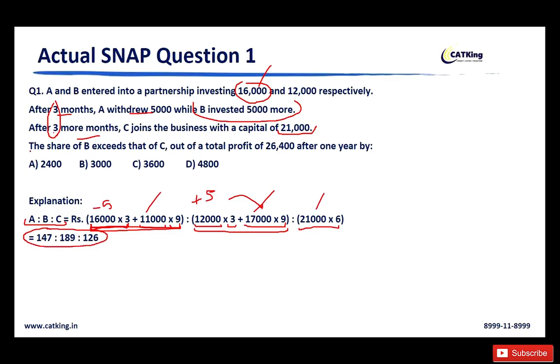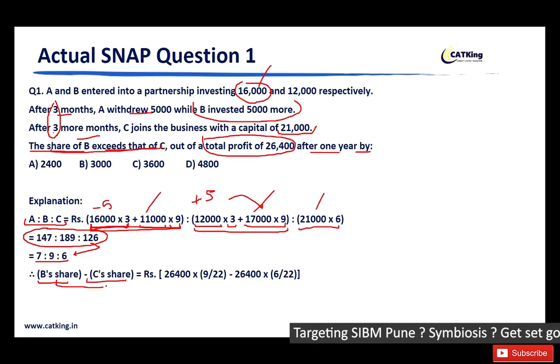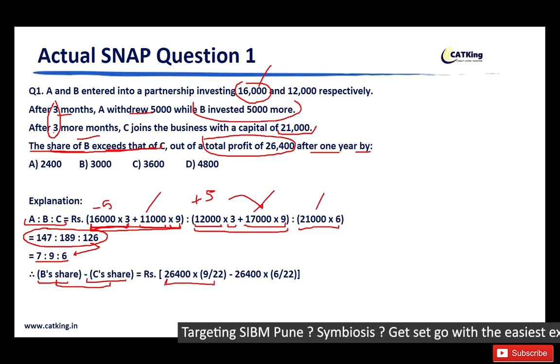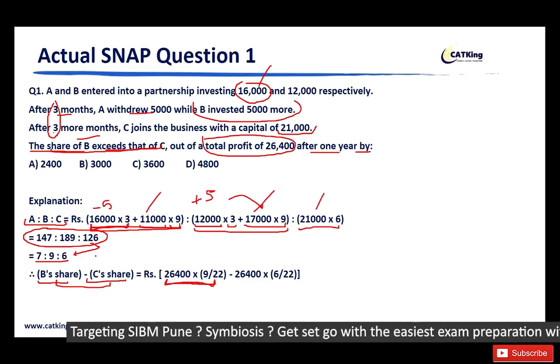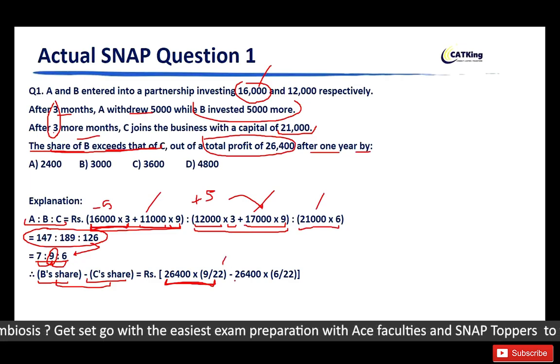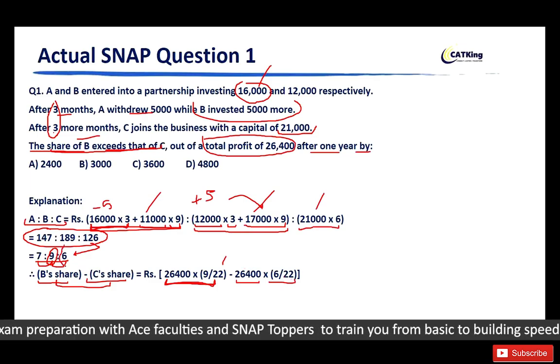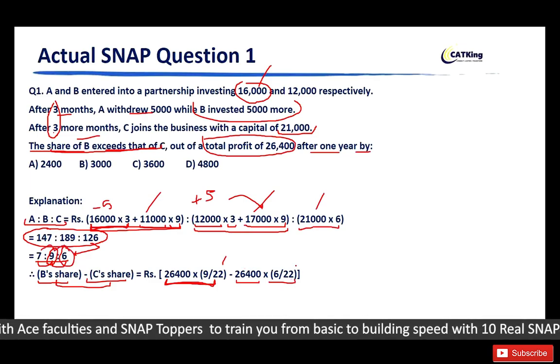Now we know that the share of B exceeds that of C out of a total profit of 26,400 after 1 year by. Now the ratio can be further simplified to 7 is to 9 is to 6. Moving on, B's share minus C's share, that is, the share of B exceeds that of C, will be 26,400 into 9 upon 22, because 9 is the share of B out of 7 plus 9 plus 6, that is 22, minus 26,400 into 6 divided by 22, because 6 is C's share and the total, that is 7 plus 9 plus 6, is 22.